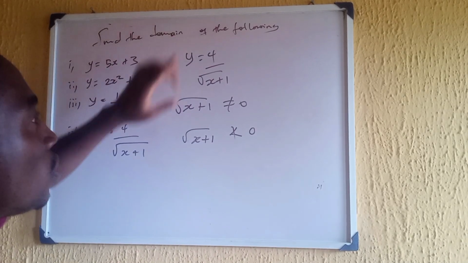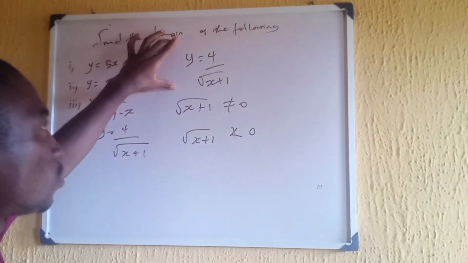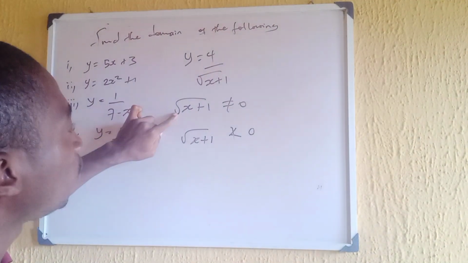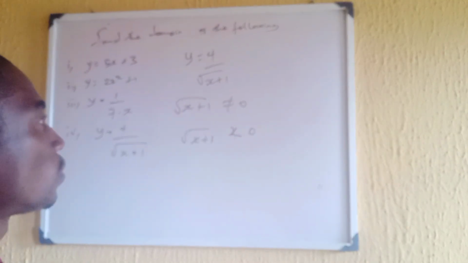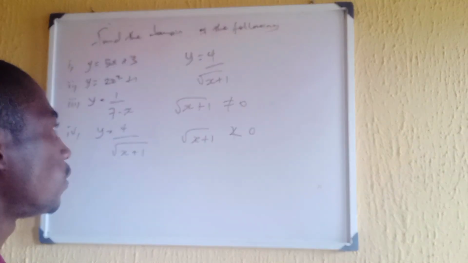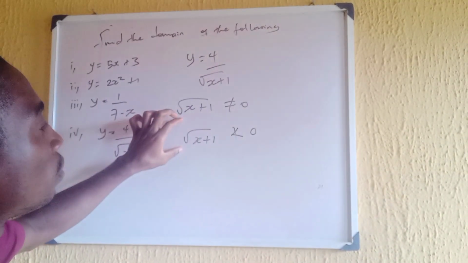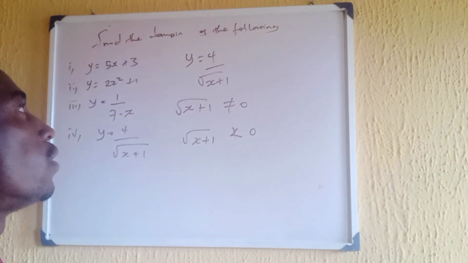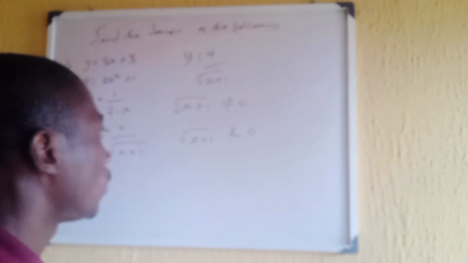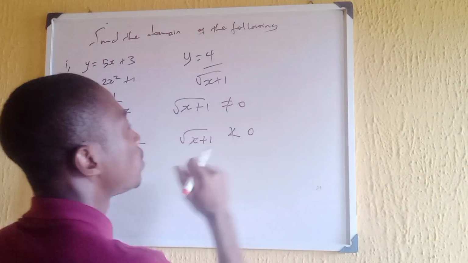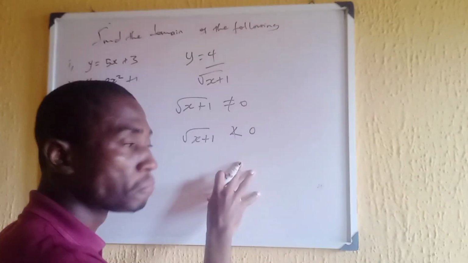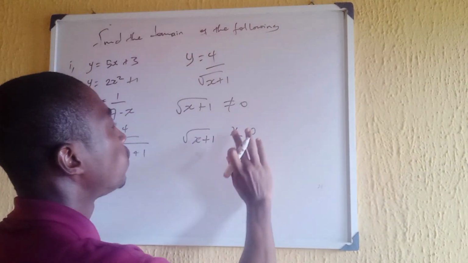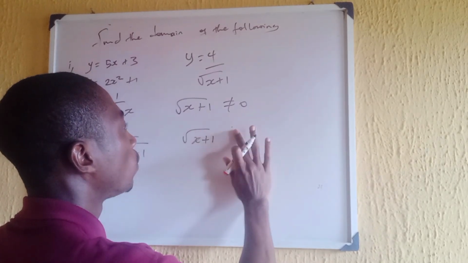These are the two conditions that will make this function undefined. The moment x plus 1 is equal to 0, the function becomes undefined. And the moment root x plus 1 is less than 0, the function also becomes undefined. So we will use these conditions to find the value we are looking for.